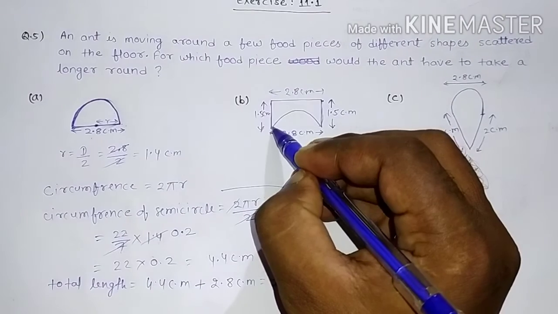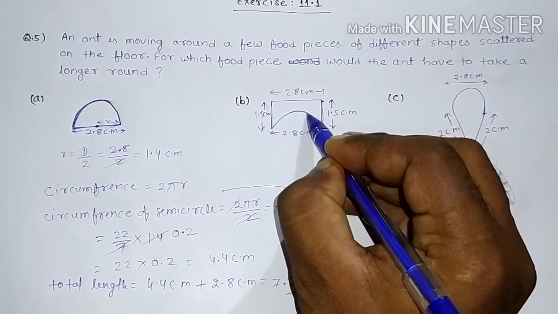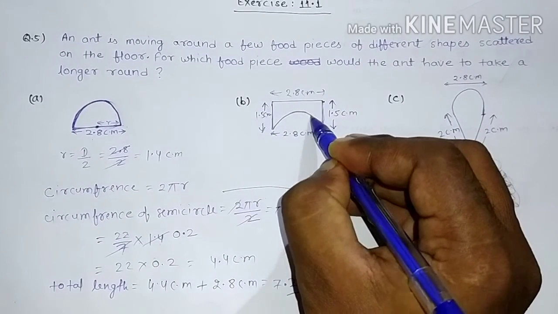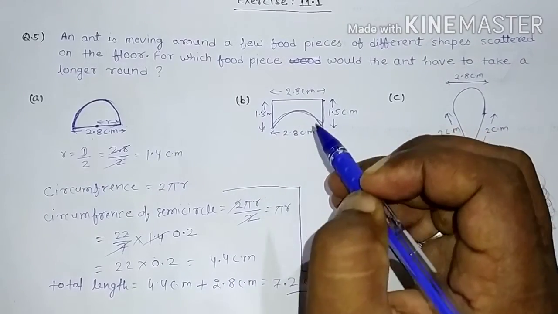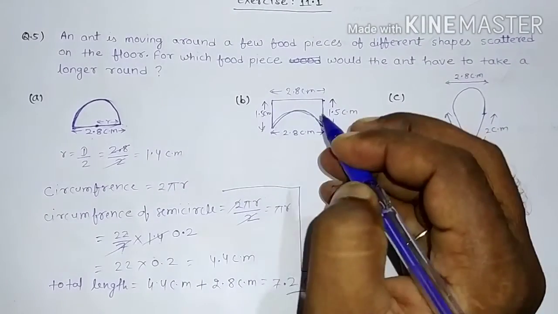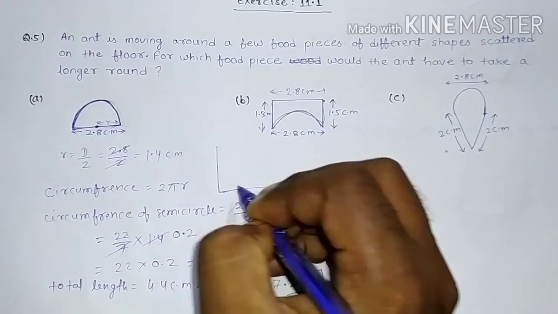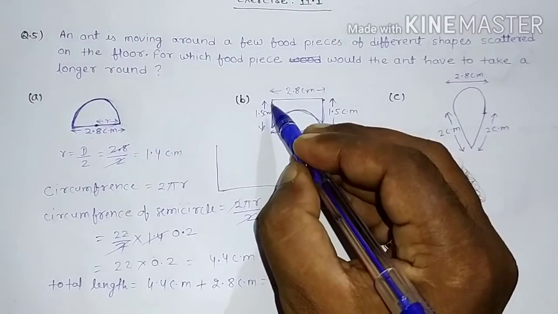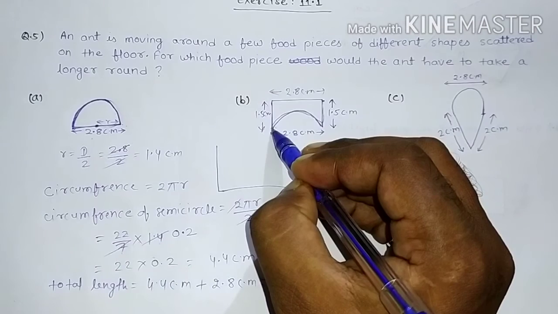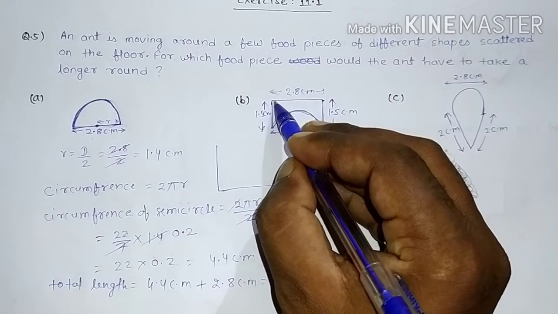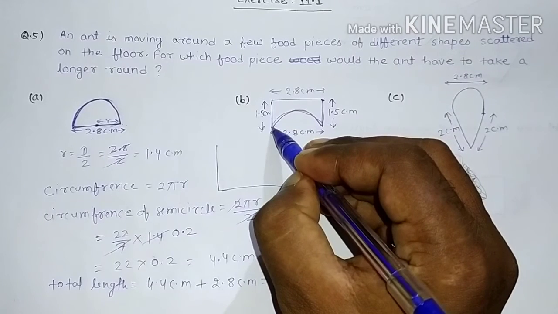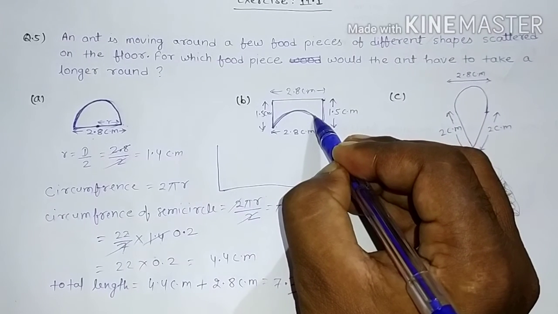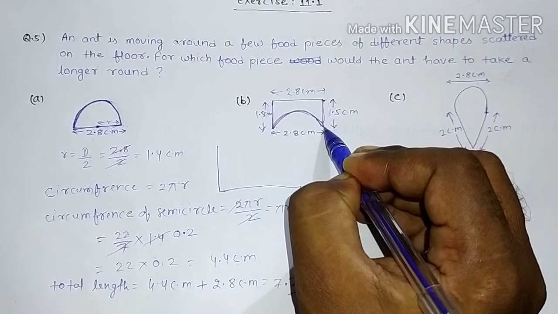Now this is a semicircle, half of the circle. So here we have to find the perimeter of this figure. So simply this line is given 1.5 centimeter, this is 2.8 centimeter, and this is 1.5 centimeter. And this half circle, semicircle, the length of the semicircle we have to find.